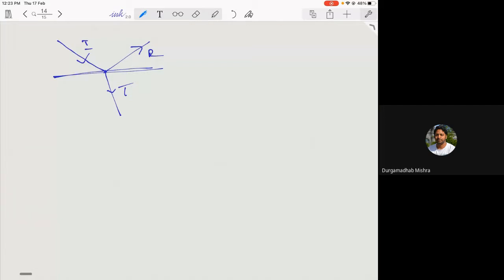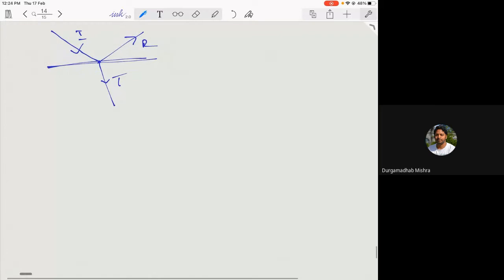But the situation will change if I take a very thin film. Yes, so let's do that. So this is a thin film.